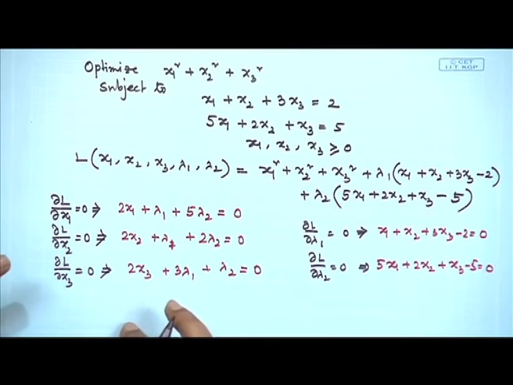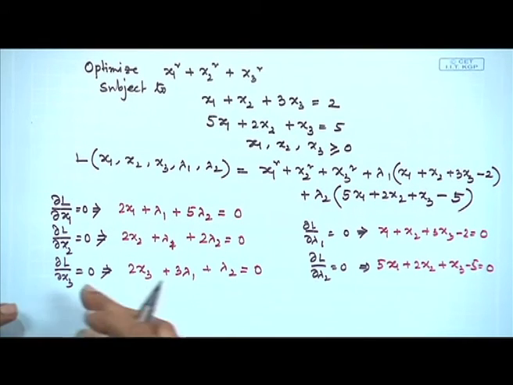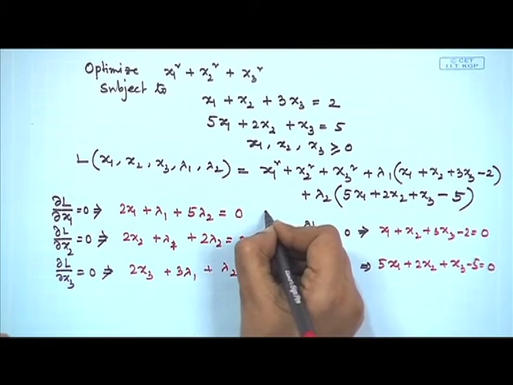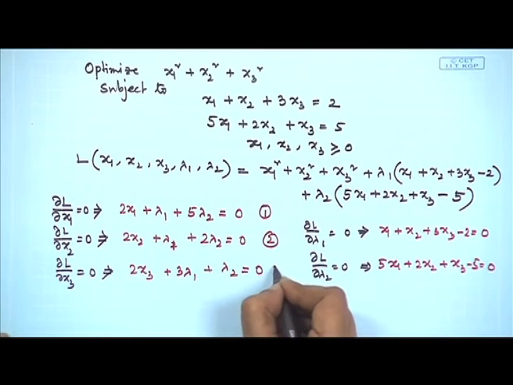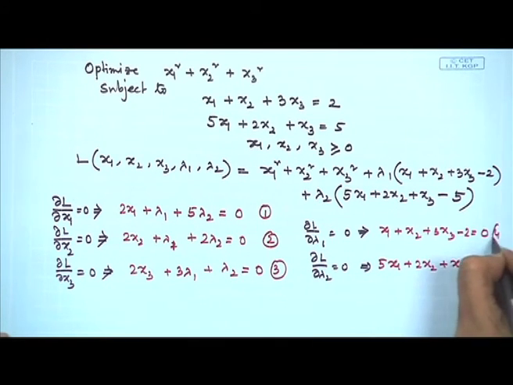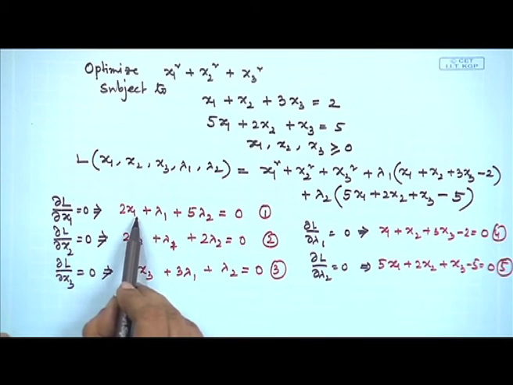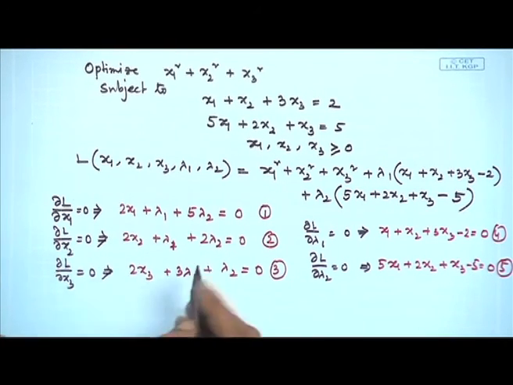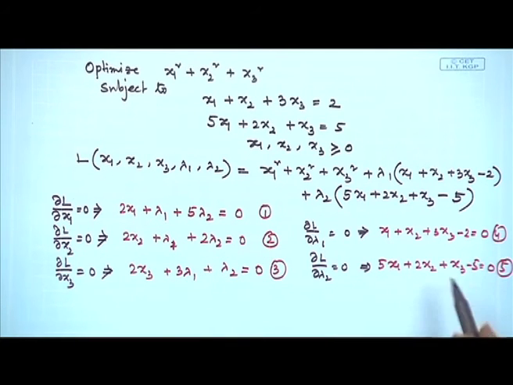Let me number them 1, 2, 3, 4, 5. If we substitute 1, 2 and 3 into 4 and 5, it will become 2 equations with 2 unknowns.